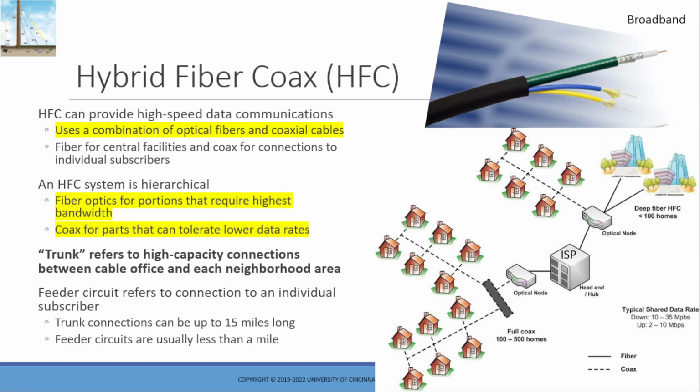We do have a hybrid cable that uses both coax and fiber optic. And the fiber optic is used for higher bandwidth needs. And then the coax is used when a slower rate can be used. And I want to talk about this term trunk here. That's getting it from the ISP to your neighborhood.